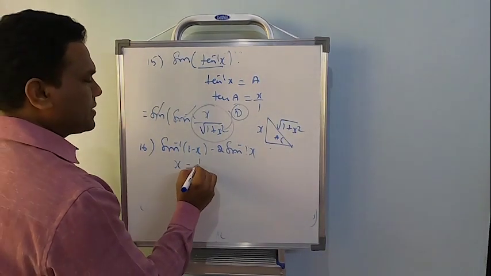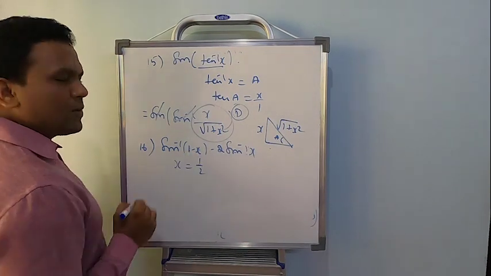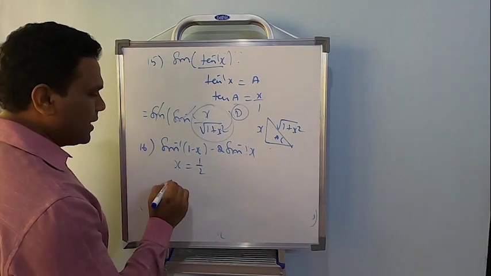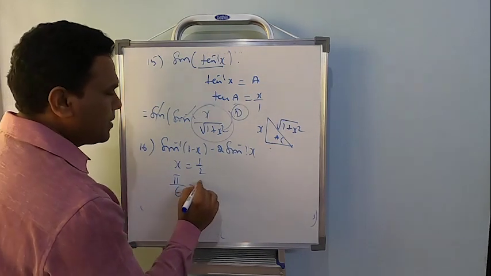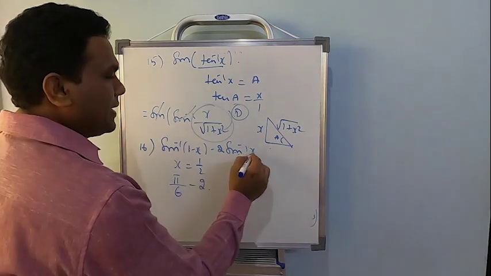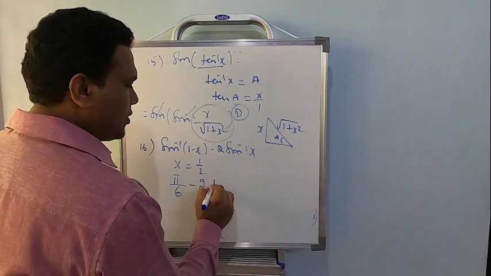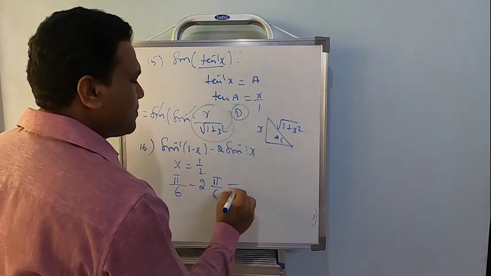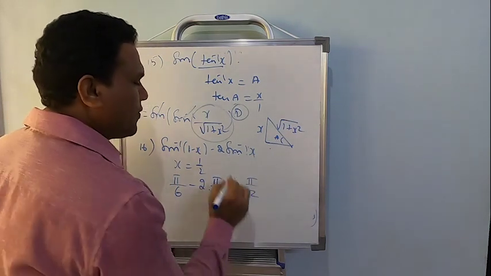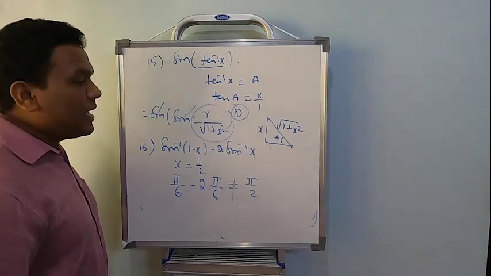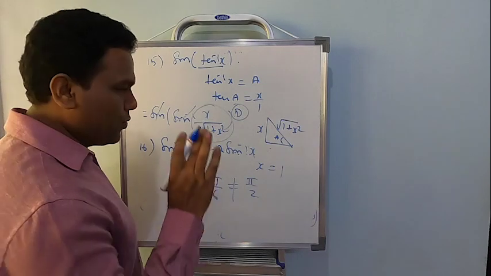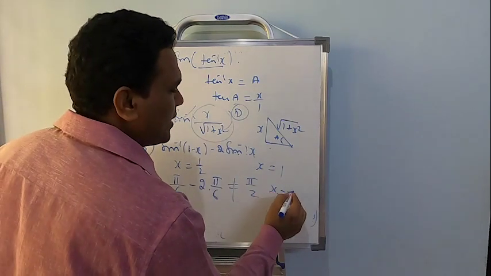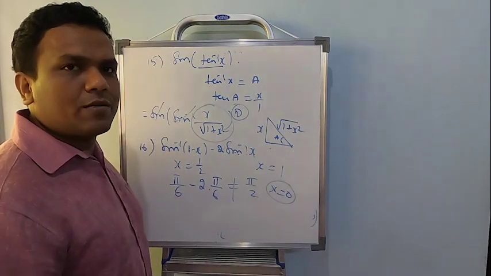If I put x equal to 1 by 2, 1 minus 1 by 2 will be 1 by 2. Sine inverse 1 by 2 is going to be pi by 6, minus 2 times sine inverse 1 by 2, which is pi by 6. Simplify this, this will not give you pi by 2. Even if you put x equal to 1, it will not give you pi by 2. The only value which satisfies the given equation is x equal to 0.